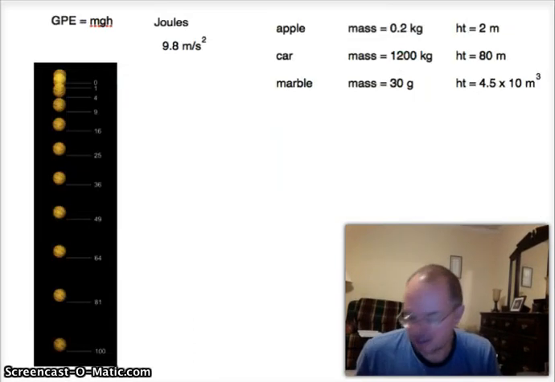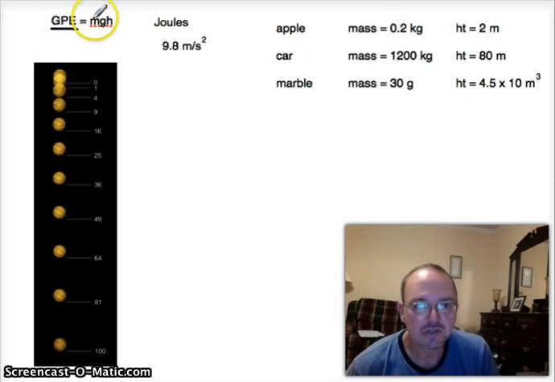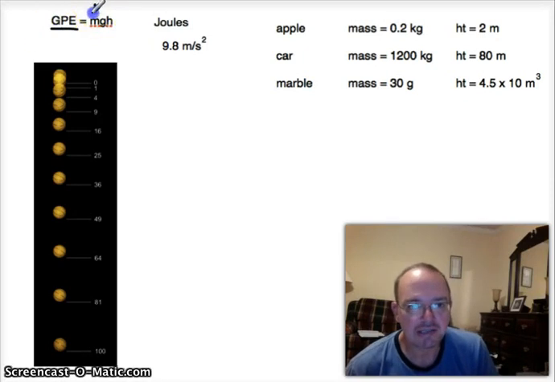So we're going to actually define gravitational potential energy right here. Gravitational potential energy is going to be mass times the free fall acceleration of gravity times the height. So if we were doing the apple, it'd be the mass of the apple, gravitational acceleration, and the height.